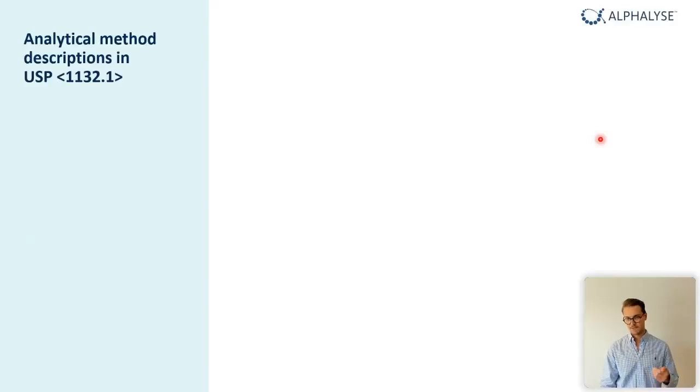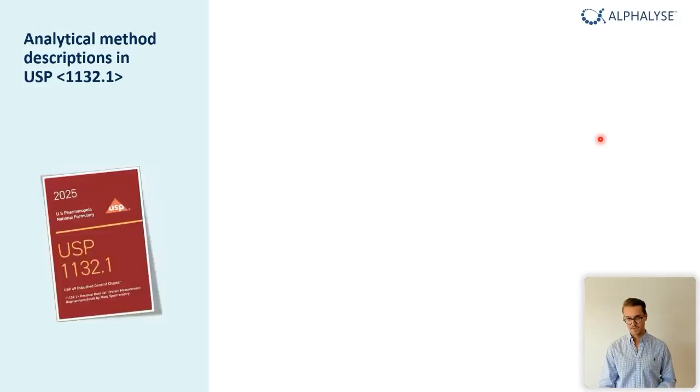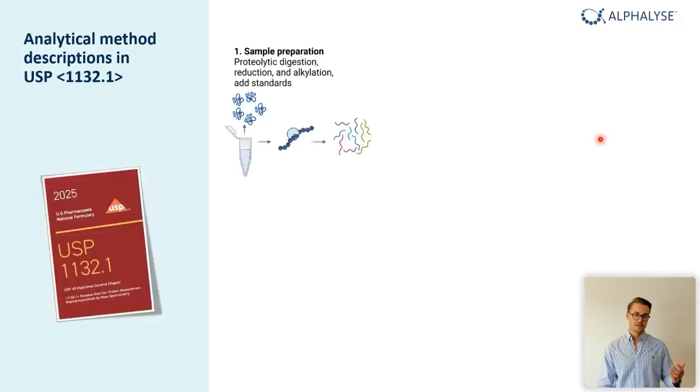1132.1 is something I've mentioned 3 or 4 times now, and I would briefly like to cover the most important aspects of this, since regulatory authorities are going to refer to this chapter, and therefore it's quite important for you to know and understand it as a CMC mentor. First of all, as in most LC-MS-based analyses, there's a sample preparation step.